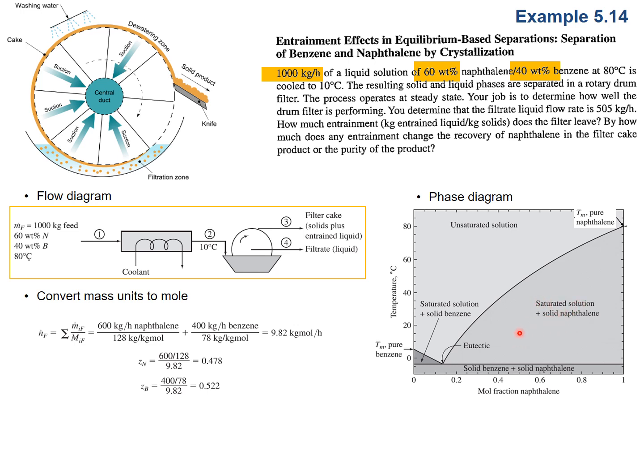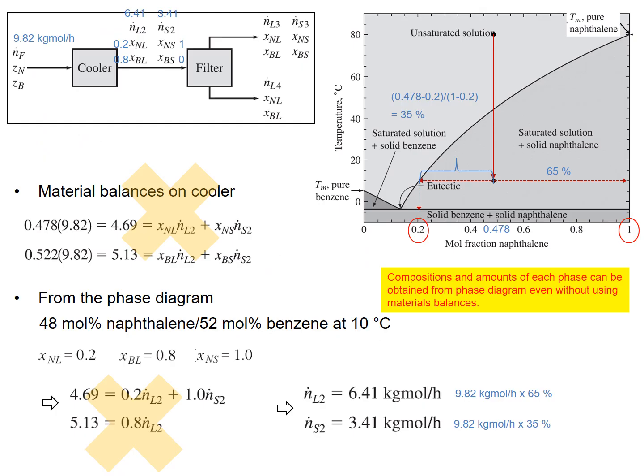Then you can calculate the composition of the liquid and solid phases plus the amount of each phase. So let's go to the cooler unit first. You don't need to think about the material balance equation. Of course you could use it, but everything is on the phase diagram.